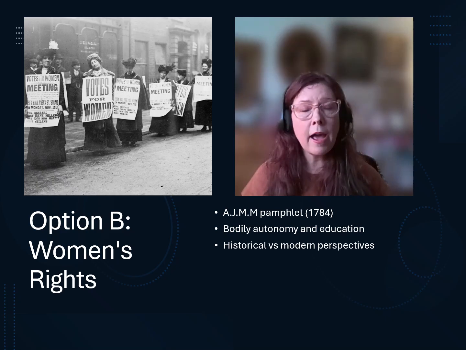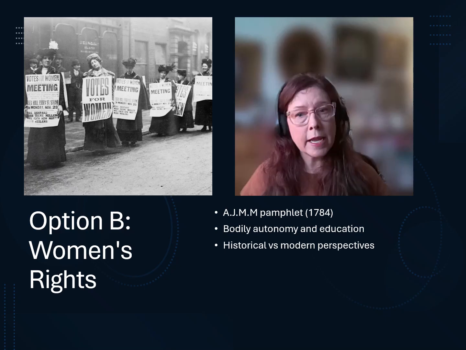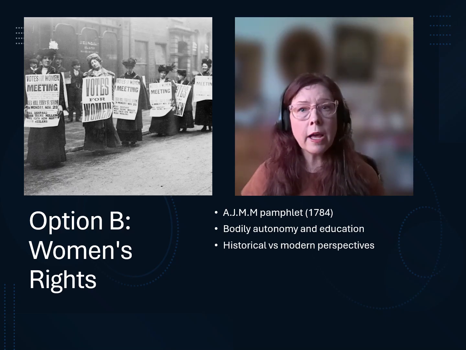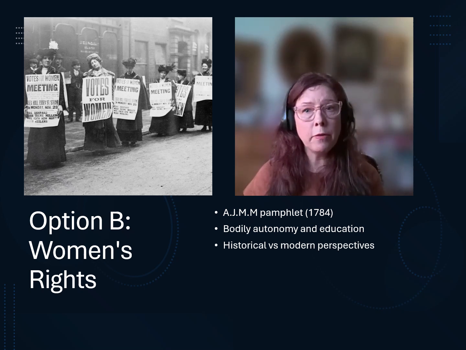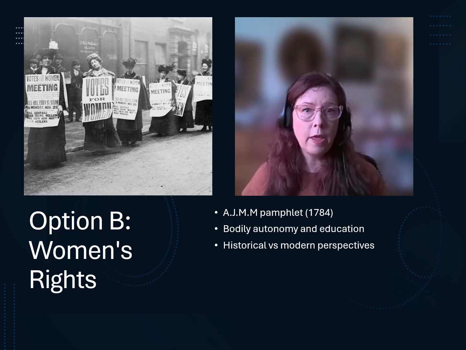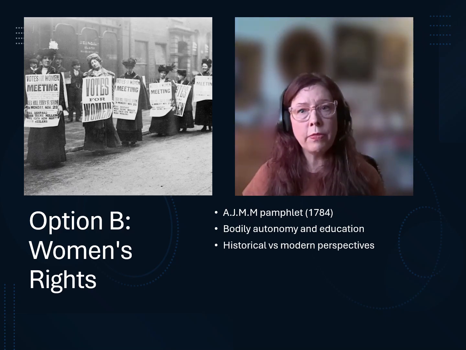They simply have not been given the same access to education. So when you look at these women protesting, you are seeing what happens when those ideas begin to move out of philosophy and now into real life. And that's really what this assignment is asking you to explore.